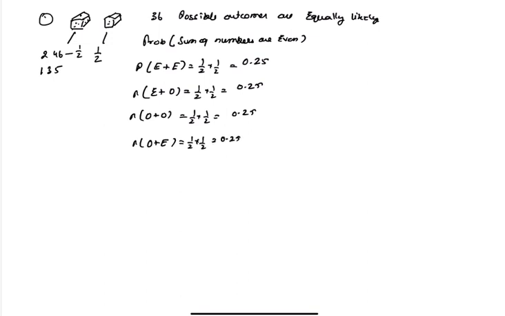So what is the favorable event in that? The probability of even and even and the probability of odd and odd is 0.25 plus 0.25, that is equal to 0.50.